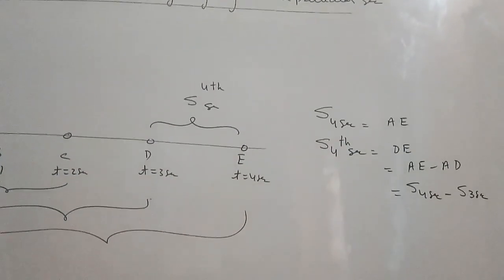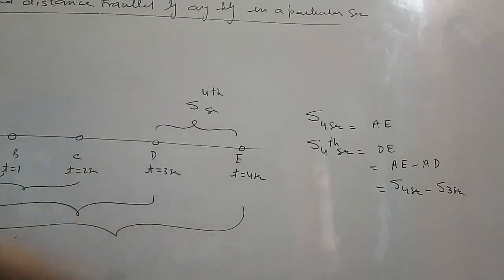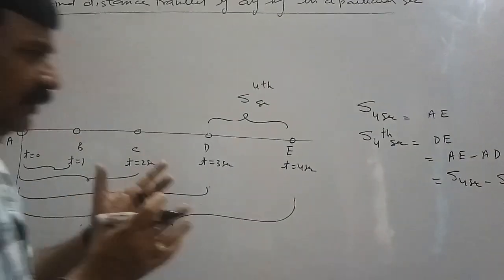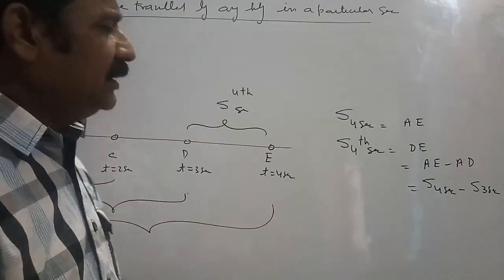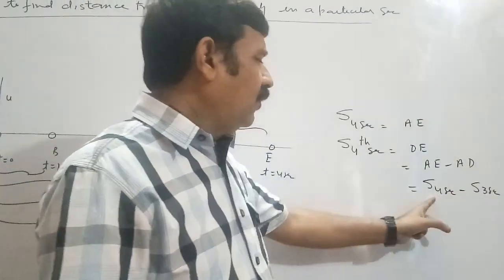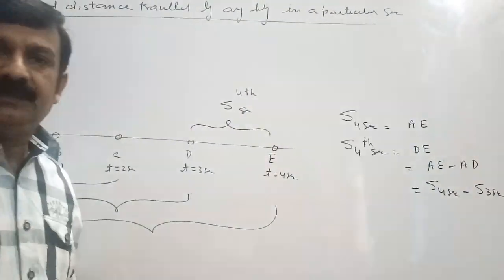So when we try to find the distance travelled by the body in the 4th second, what we are doing is subtracting the distance travelled by the body in 3 seconds from the distance travelled by the body in 4 seconds.